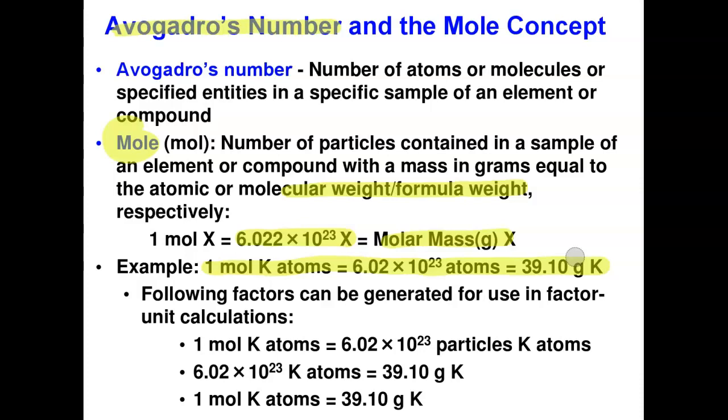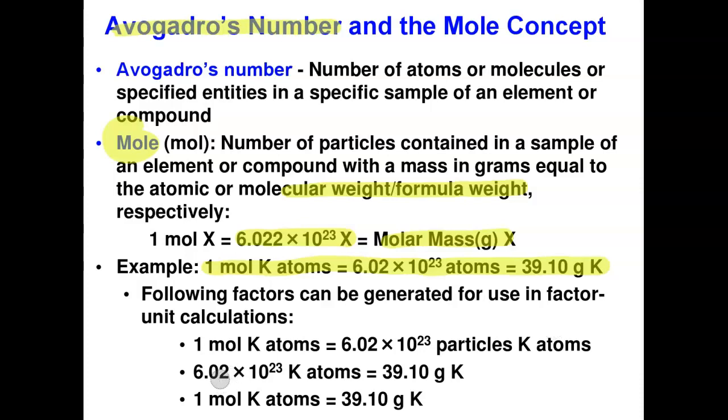What does it mean? Let's now try to break this into pieces. Now we can bring a relationship between a mole and this. That means 1 mole of potassium here is equivalent to this number of particles of potassium. It could be atoms, it could be ions, it could be any other specified entities too.